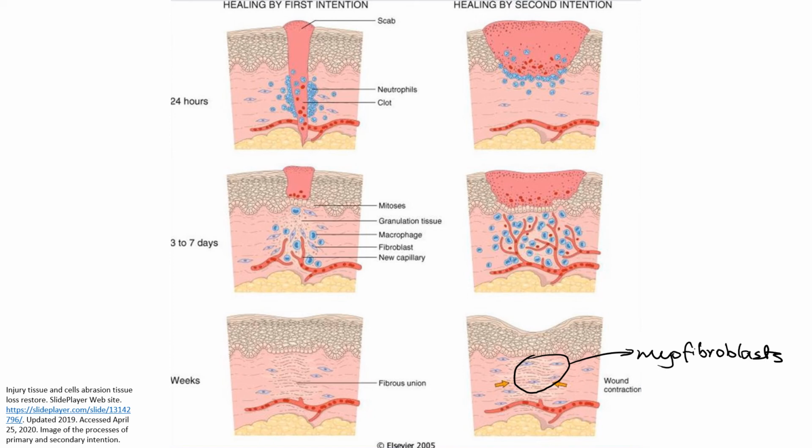Because the wound is larger, there is going to be a larger clot, but still neutrophils are present. In the 3 to 7 days process, there is granulation, the process of angiogenesis, and now macrophages present.